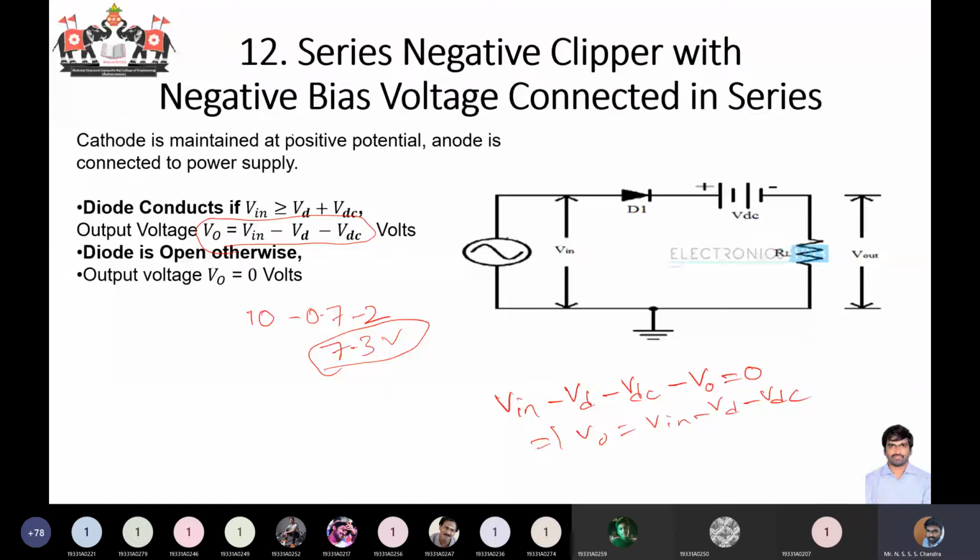And then if the diode is open, so if this condition is not satisfied, then for all other conditions your diode will be open. So when the diode is open, your V naught will be equal to 0 volts, because if this is open, your output terminals are separated from the input terminals. So there is no connection for the output terminals, so there is no supply, so your output will be equal to 0 volts.